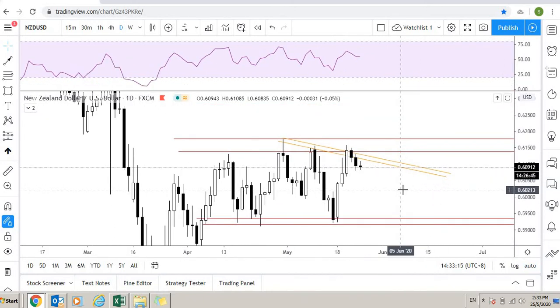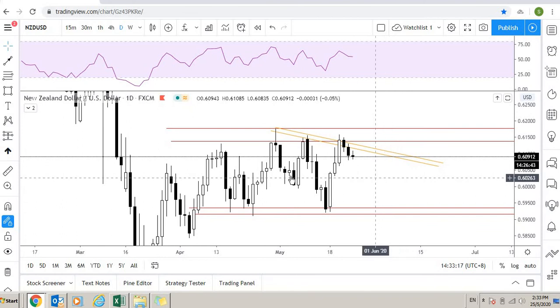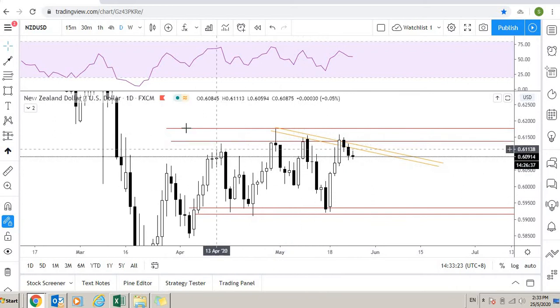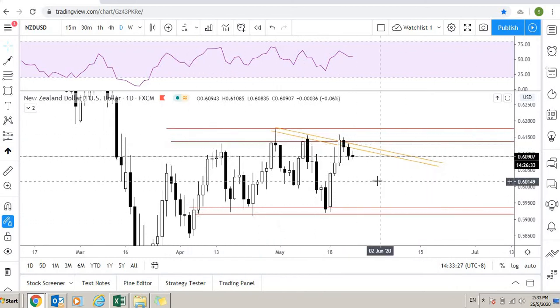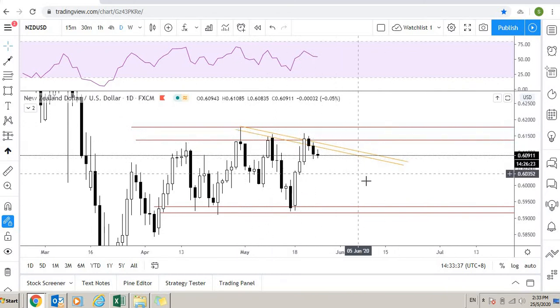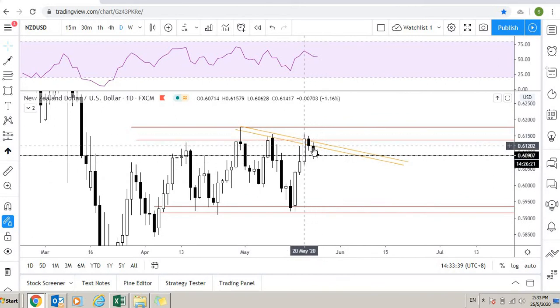So New Zealand USD, we can also see it's almost the same as the Japanese NZDJPY. It's on a sideways trading. However, the connection for the previous two highest points, if we check on the downtrend line, if we connect all this, the price is still closing below the downtrend line.